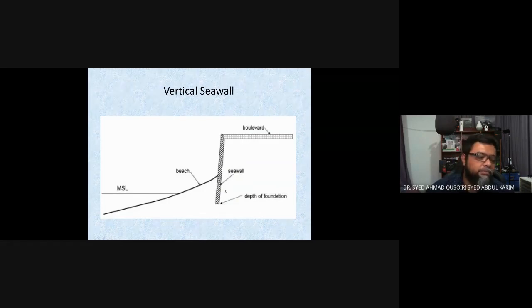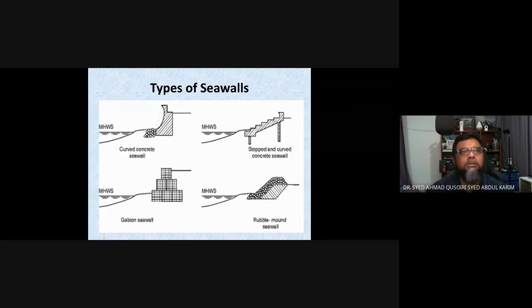It's like a retaining wall. Other types, so this is the curved concrete seawall. So that when the wave comes in, the curvature of the wall will cause the wave to go upwards and go back down. Okay? To be deflected back to the sea.